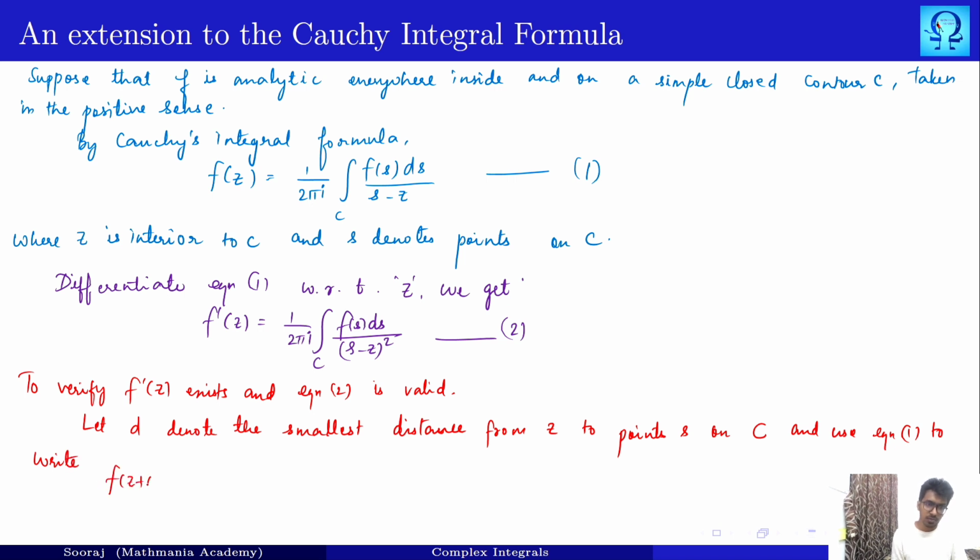F of z plus delta z minus f of z upon delta z.